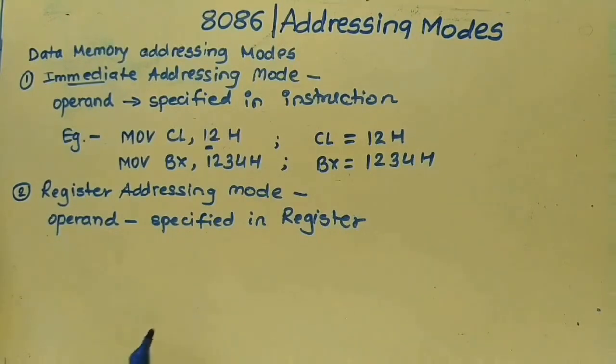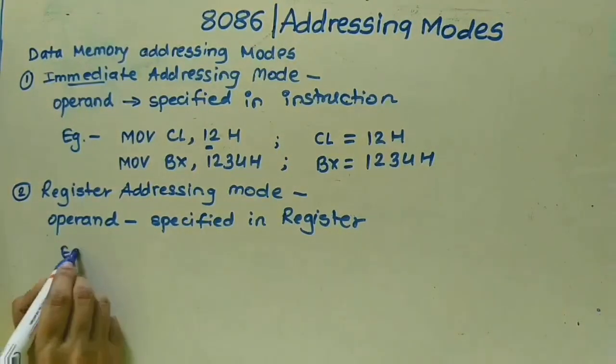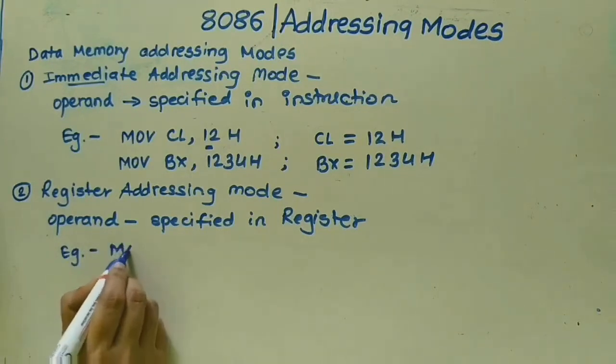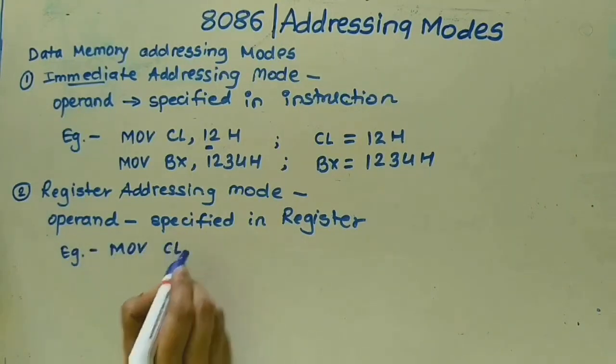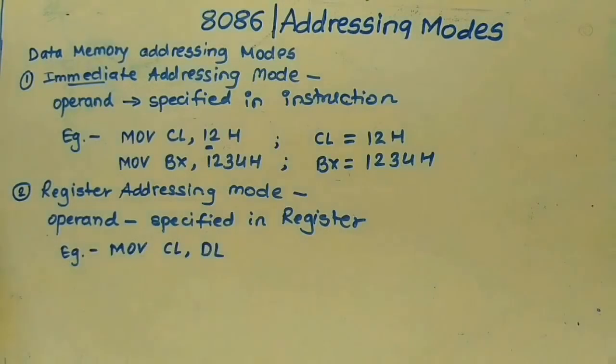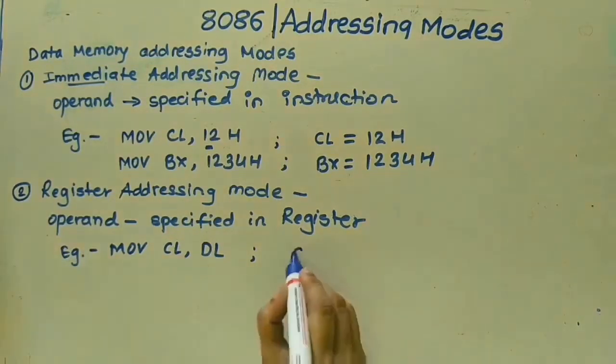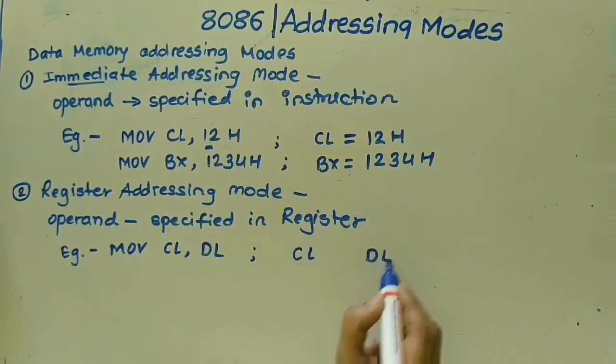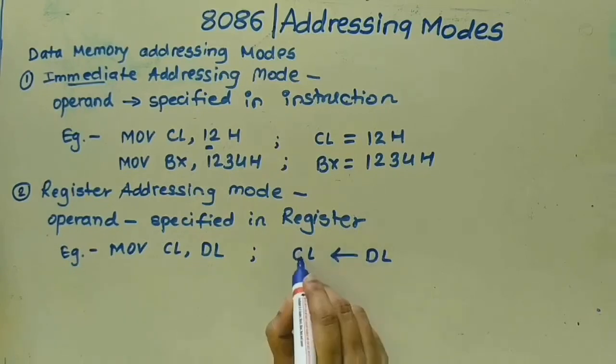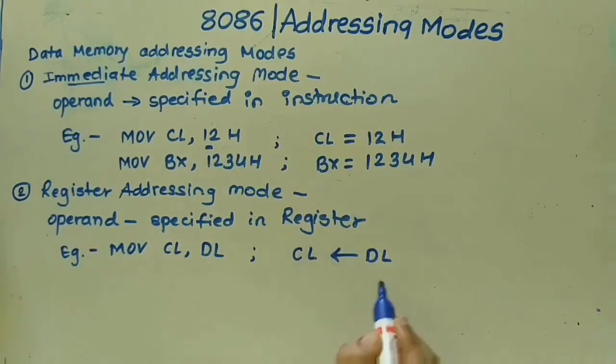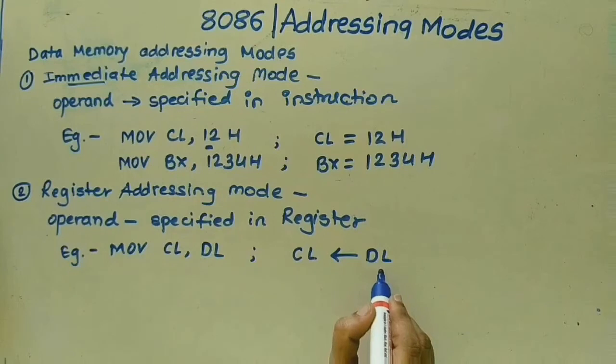Let's consider the example MOV CL, DL. Here the operand is first stored in the DL register and then it is moved into the CL register. After execution of this instruction, the contents of the DL register are stored into the CL register and the contents of the DL register remain as they are.